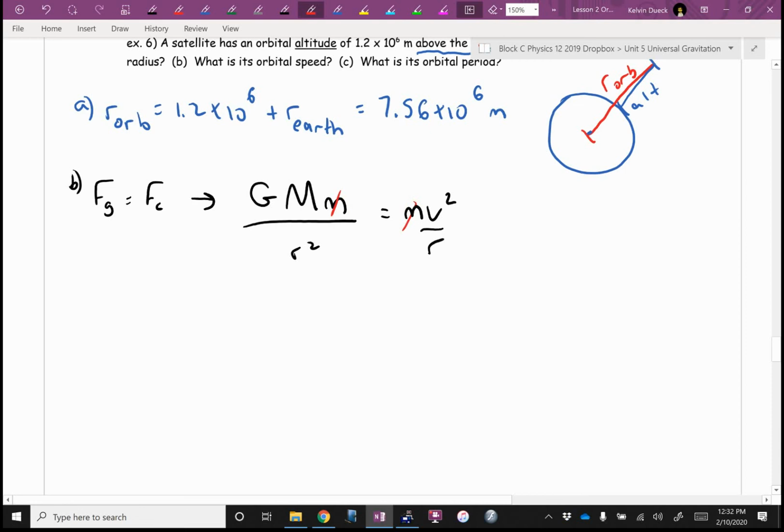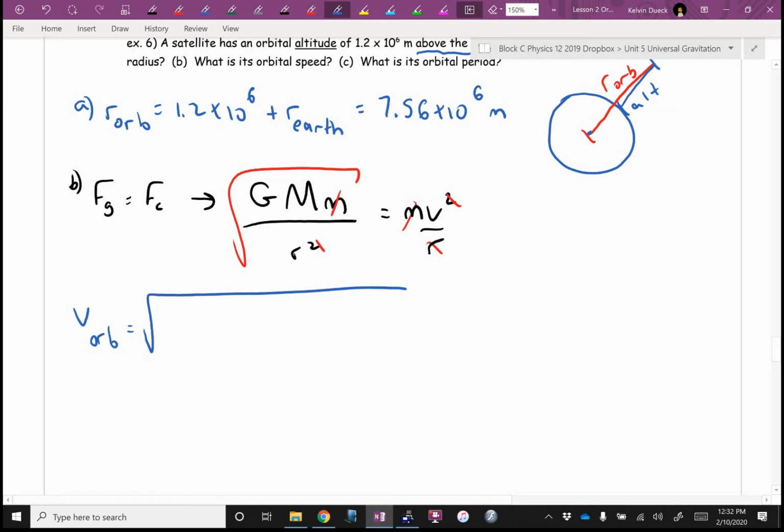Does an R cancel here? Yeah. In this one, an R cancels. In the other version, an R does not. But in this one, an R cancels. And in fact, I can get rid of the squared by square rooting. I get orbital speed is equal to the square root of, what's big G?